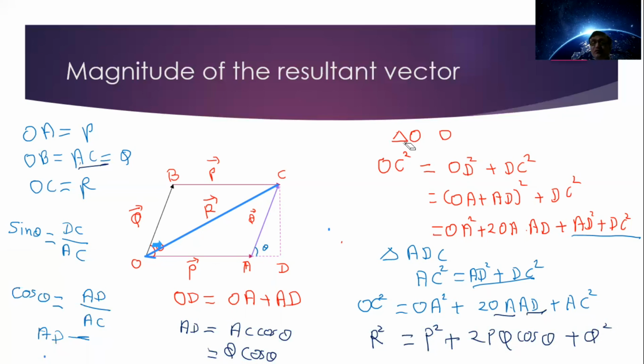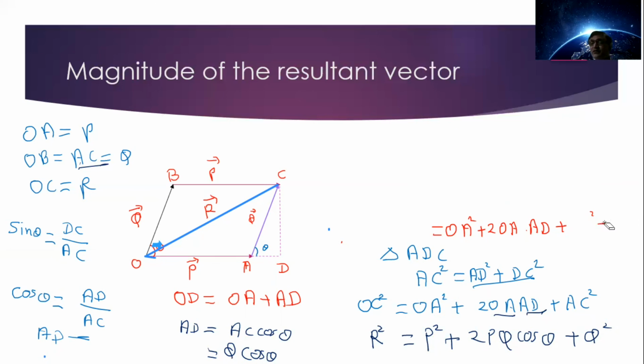Therefore R square is equal to P square plus twice PQ cos theta plus Q square.